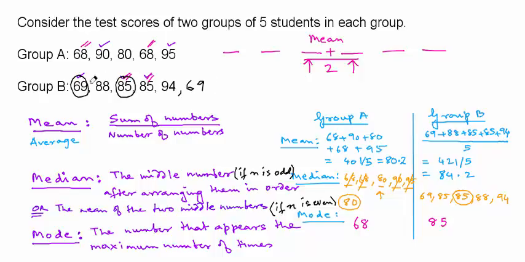So are there 2 modes or what? Now I have to say that some teachers and books would prefer to say yes, there are 2 modes, 69 and 85. Whereas some others prefer to say there's no mode at all. So you want to check with your teacher to find out which way he or she would like you to answer that question.